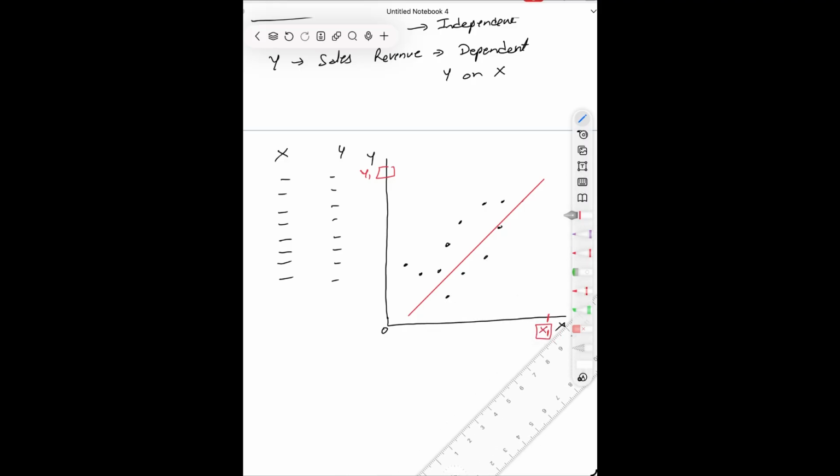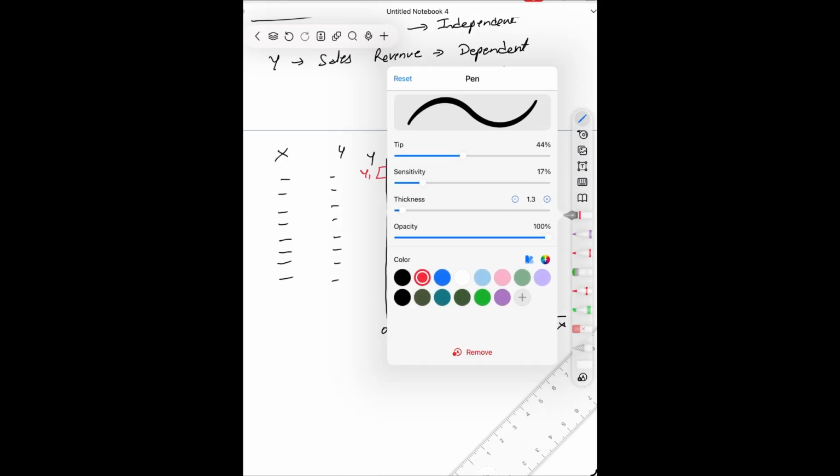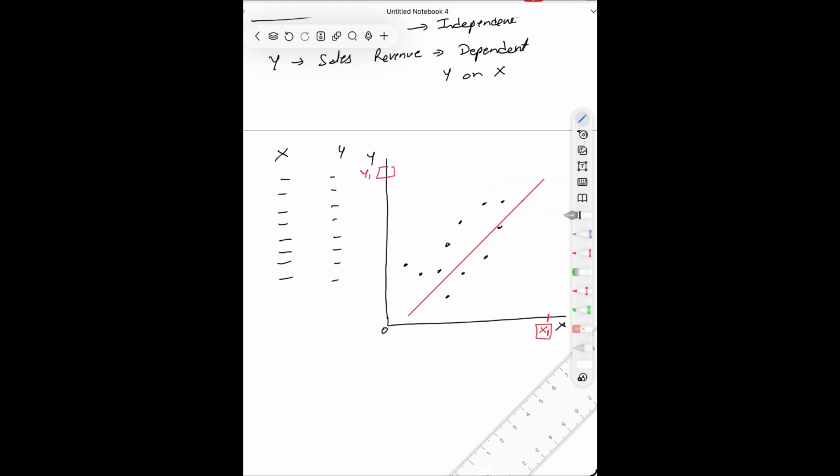So we can say with reasonable accuracy that if the regression line is the red line and I am planning to have an x1 amount of expenditure in the next year, I can safely assume that the level of y would be this one, y1. But here is a catch.